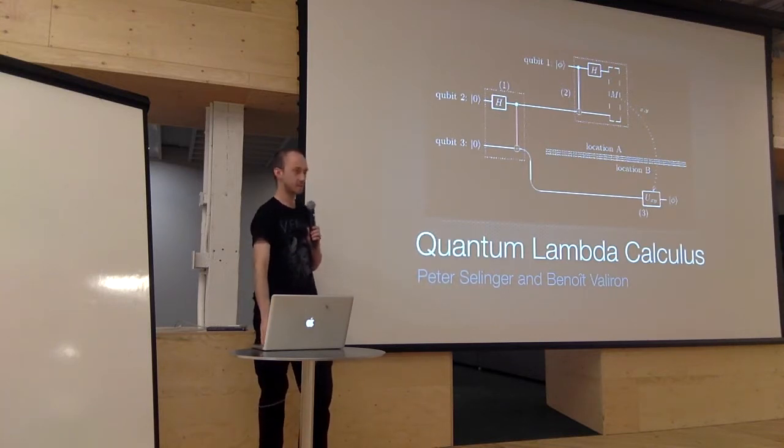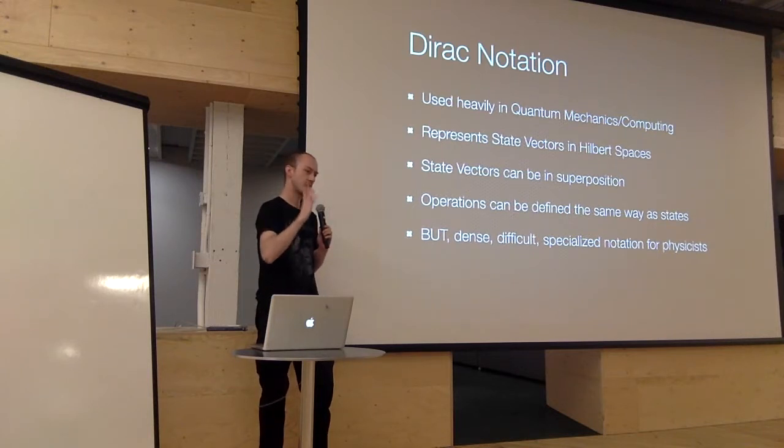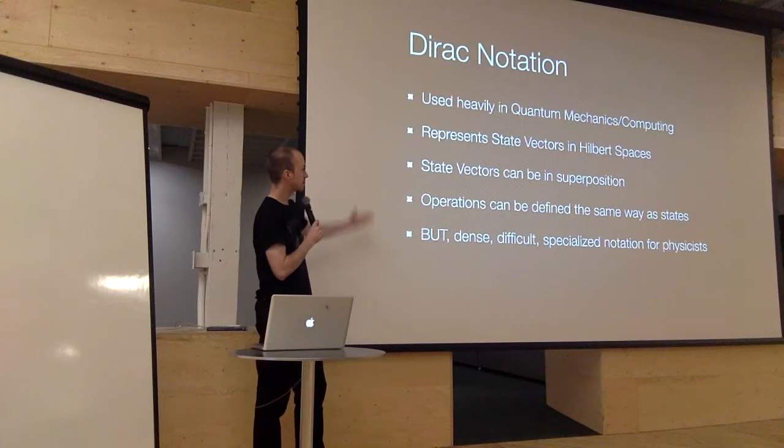Up until fairly recently, everyone has been forced to use Dirac notation, a very dense but succinct notation exclusively used in quantum mechanics for describing objects in superposition, etc. It's a very powerful notation, but it supports quite a lot of features and is very, very dense.